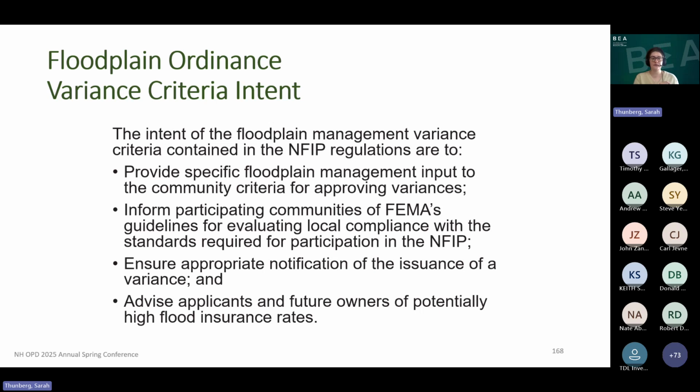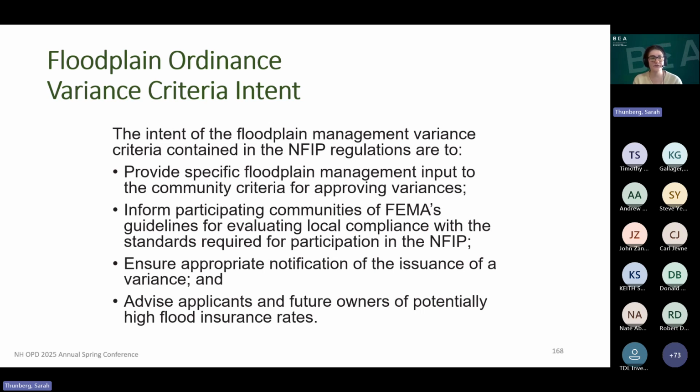So it is important to keep in mind what the intent of granting a variance is. In terms of floodplain management, the variance criteria in the NFIP regulations are to provide specific floodplain management input to the community criteria for approving variances.